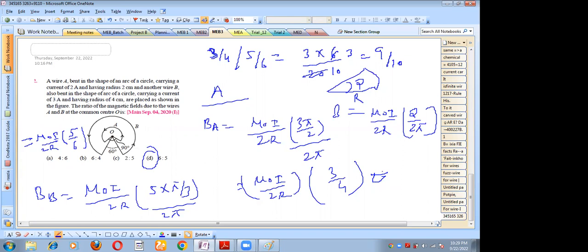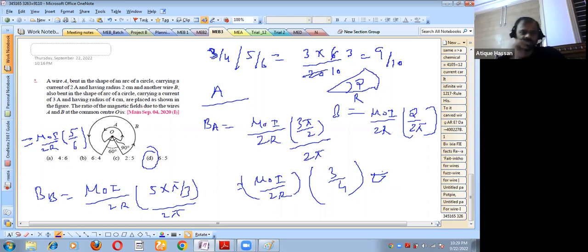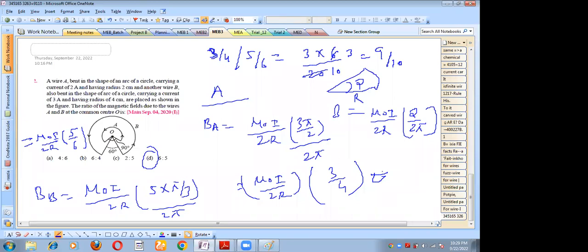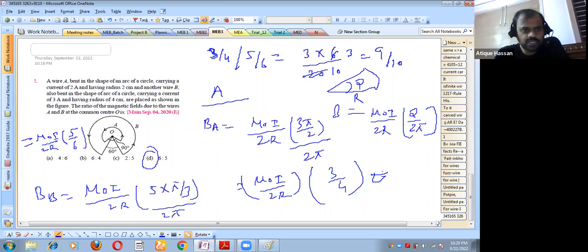No, sir, the radius of both the arcs are different. Right? Yes, both the arcs are different, correct. And current is the same, I think. No, sir, current is also different. A wire bent in the shape of R carrying current of 2 ampere, having radius 2 centimeter. Okay, current is also different.